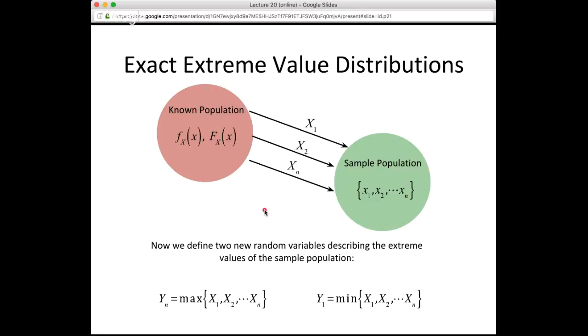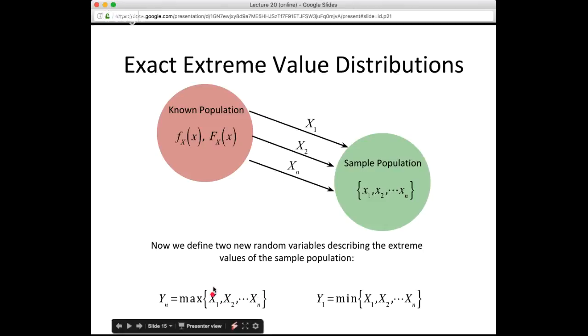So how does that derivation go? It's actually pretty cool. The next thing that we do is we define two new random variables describing the extreme values of the sample population that we've collected. These are derived random variables because we're essentially defining a new function g, right? In this case, the new random variable Yn is going to be the maximum of all of the random variables X1, X2 through Xn.